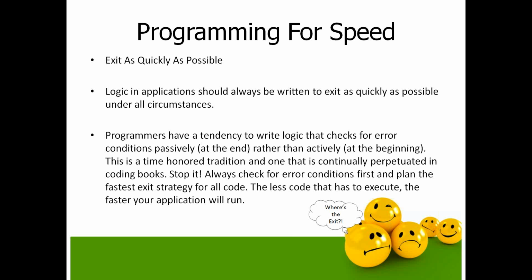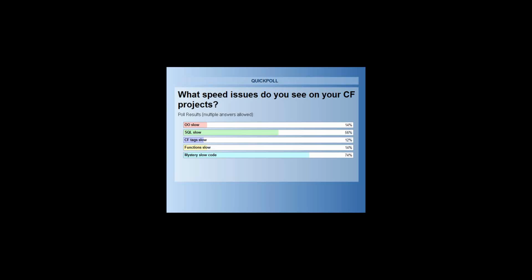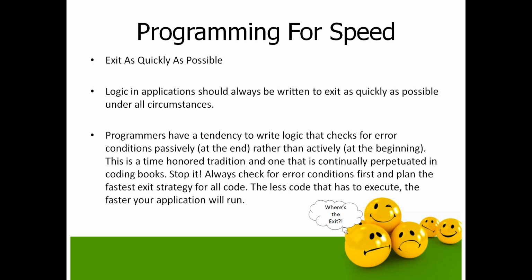So I'll close that in 3, 2, 1. And let's see what problems folks are having. So it looks like SQL's the number one issue, though actually that's behind mystery slow code. I don't know how that corresponds to your experience, Denny, but that's the result of the poll.